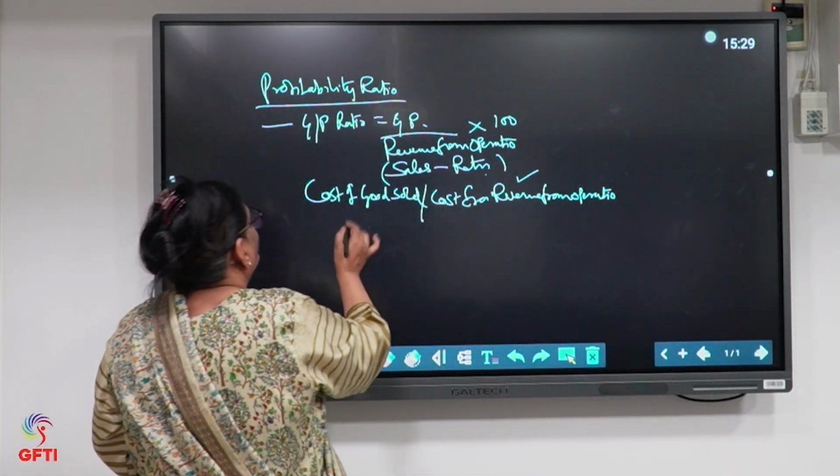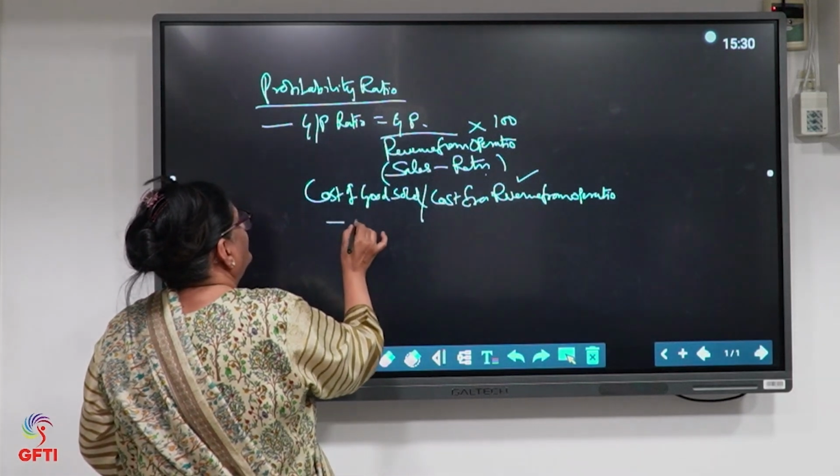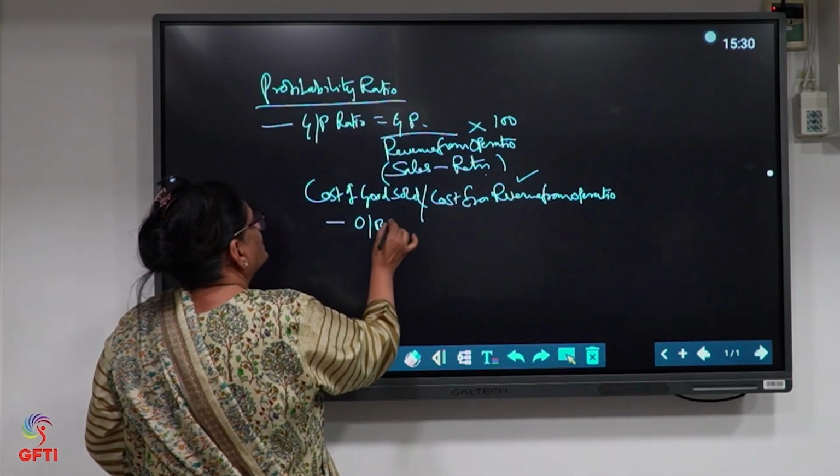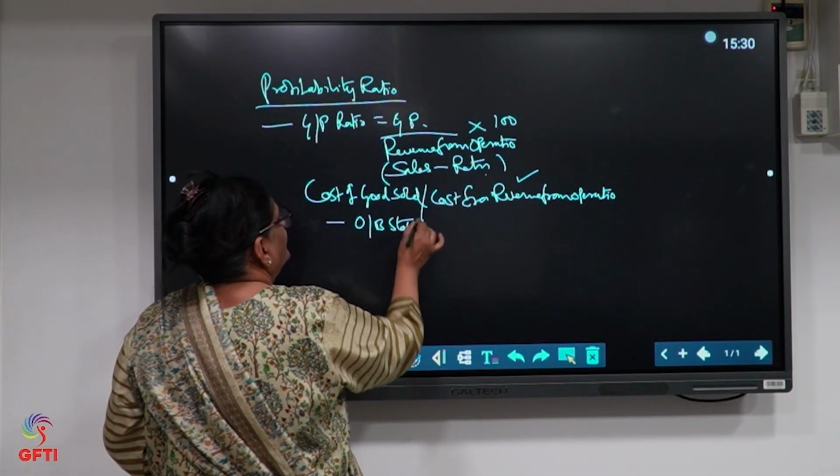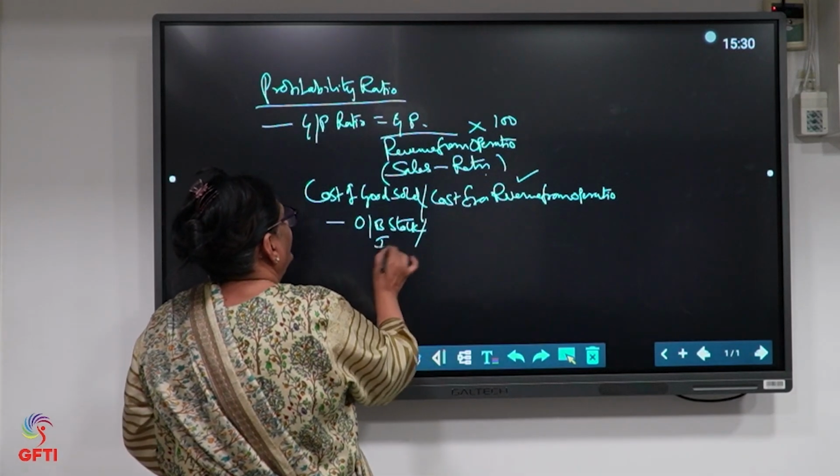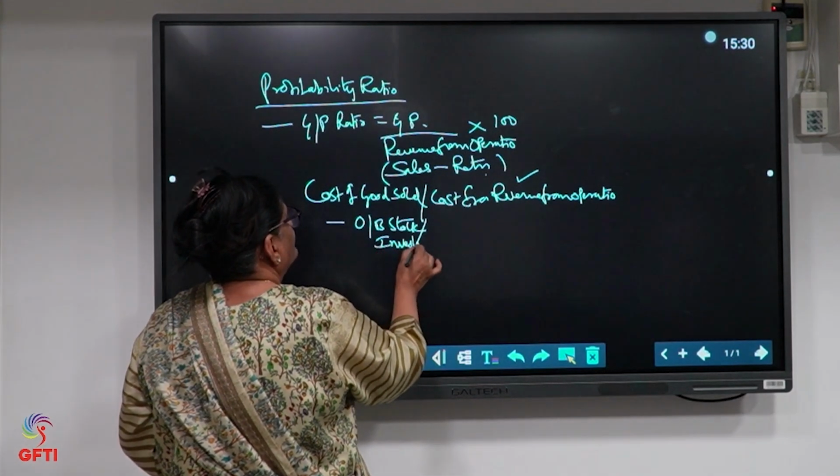So how do we arrive at this? There are two methods. One is you take opening stock, that is inventory. In some books they say stock or inventory, one and the same.